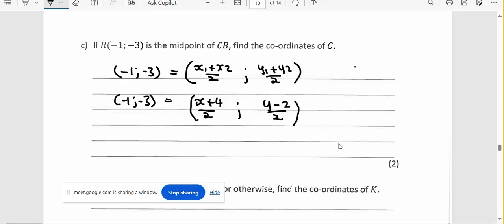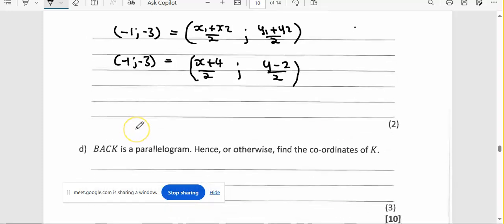So now, this is how we got what? The coordinates of C. If you remember this x, we just have to take the x plus 4 over 2. You equate it to the x of R. That's when you say x plus 4 divided by 2, it should give you the midpoint x value, which we already have as -1.